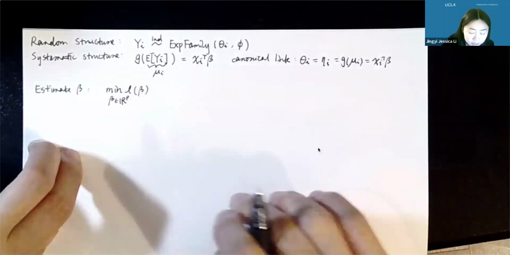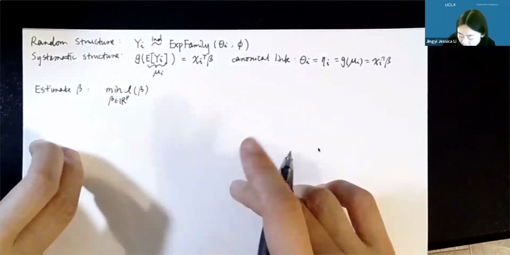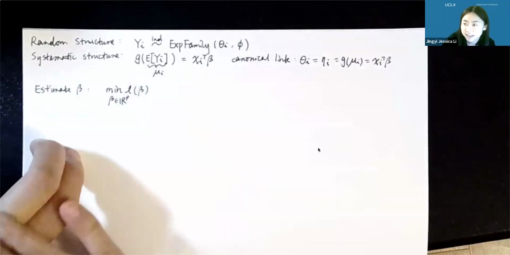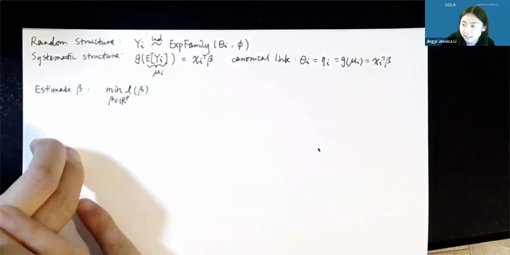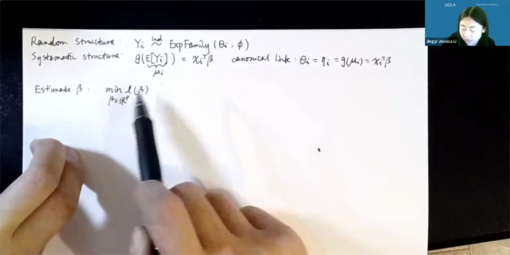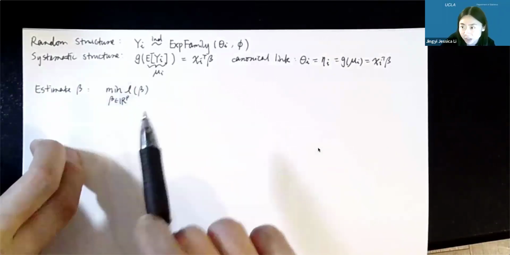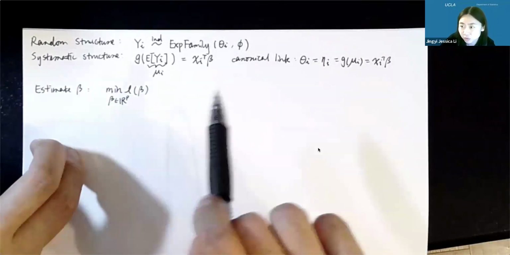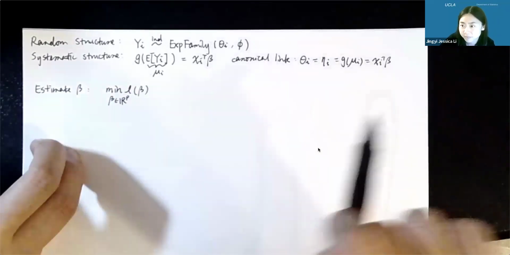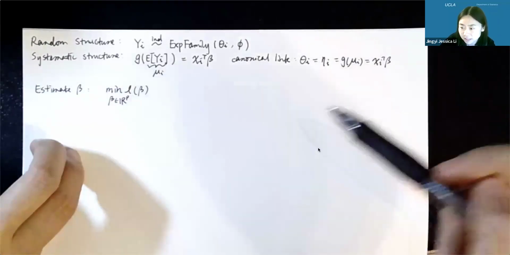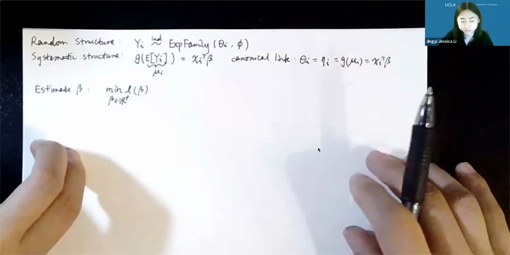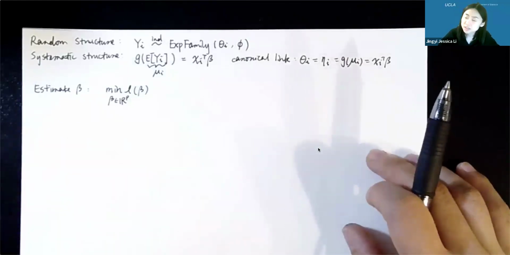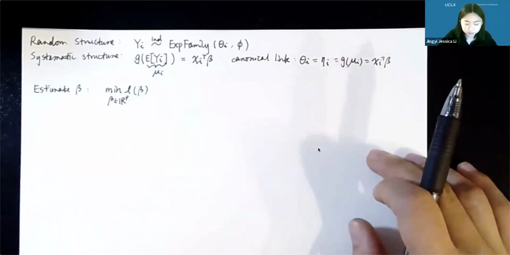In this case, the log likelihood is not a very easy form like in the linear model case. In the linear model case, we could just take the gradient against beta, set the gradient to 0, and solve for beta. That was easy. But in this case, we cannot easily solve that gradient-equals-0 equation. Therefore, we use an iterative approach.